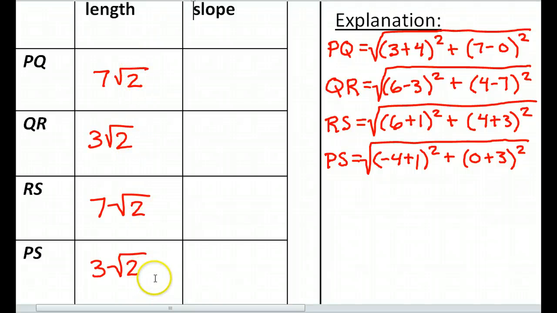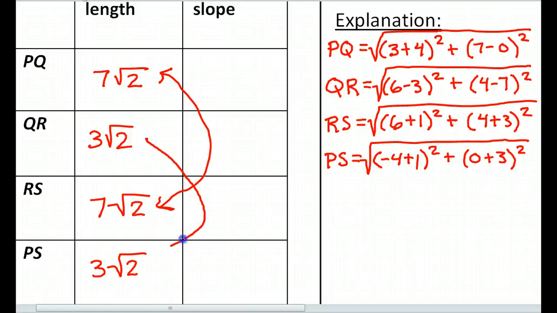Looking at these lengths, let's start with parallelogram. Is this a parallelogram? Yes, this is a parallelogram. In a parallelogram, the opposite sides should have the same length. So if we're looking at opposite sides, for example, skip a row, these are opposite sides.